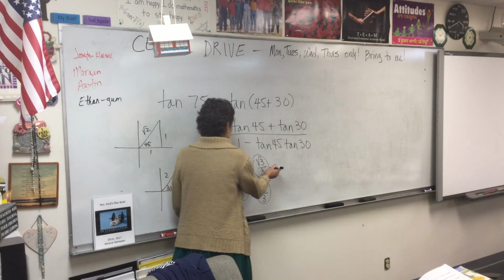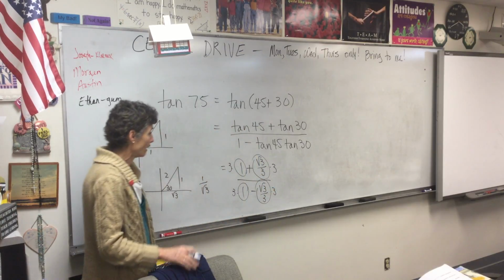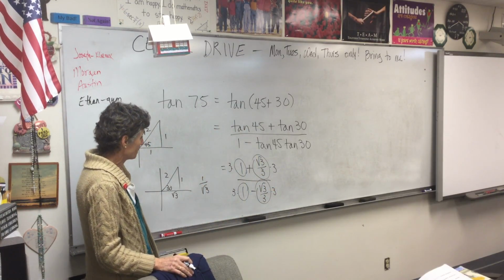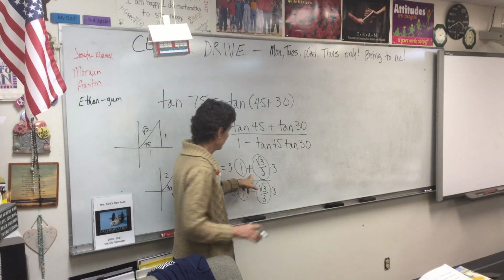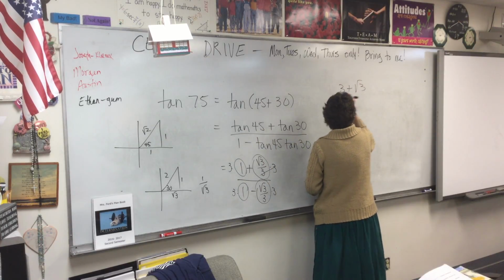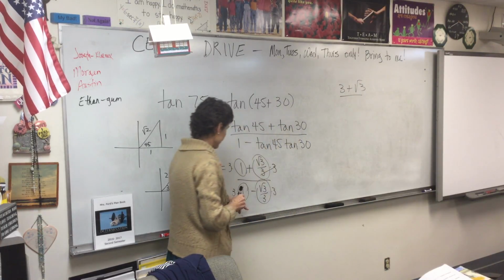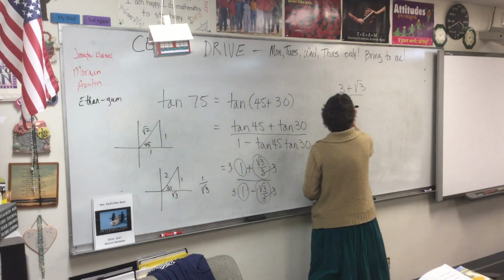This is the easiest way. Multiply everything by 3. So what do I end up with if I multiply everything by 3? 3 plus root 3 over 3 minus root 3.